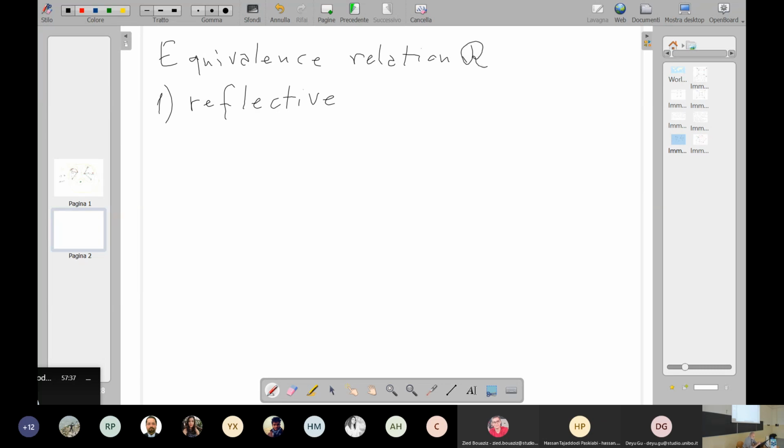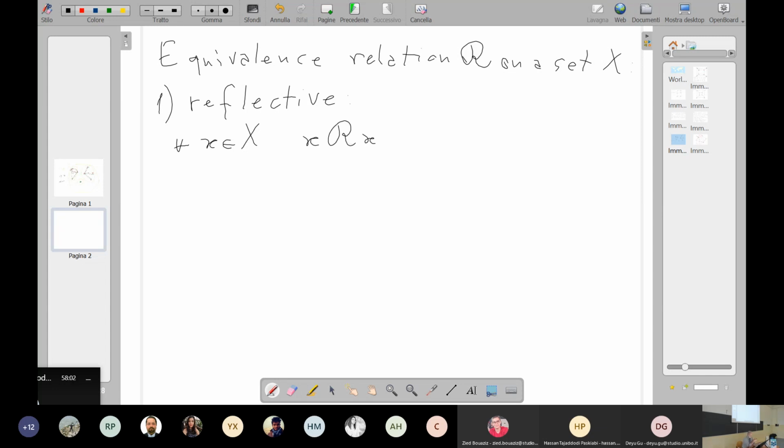Let's say relation R. Okay? Reflexive means that relation R on a set X: for all elements in capital X, X is in relation with itself.